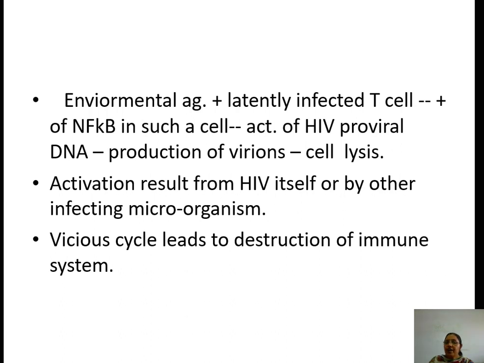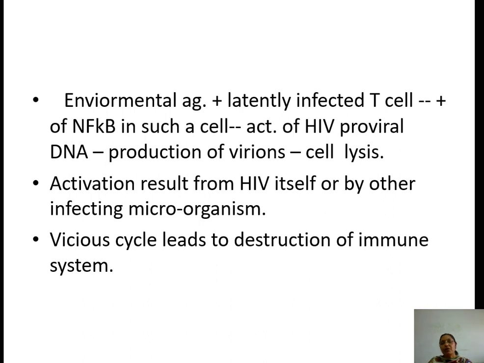So any environmental antigen, as the patient is immunodeficient and is infected with many infections. So that infection, and HIV infection itself, plus latently infected T cells will stimulate NF-kappa B, and there is activation of HIV proviral DNA which is integrated in the host cell genome.